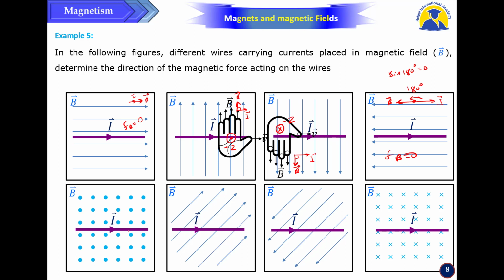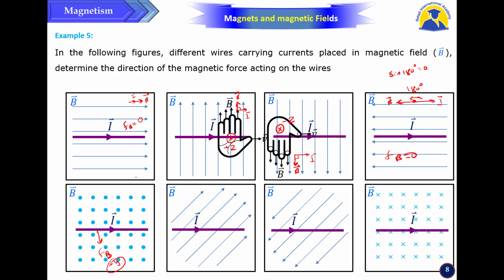The direction of current is to the right, the positive X-axis. The angle between these two is 90 degrees. To determine the direction of force, we use our right hand. So the direction of force will be to the negative y-axis, which means down.